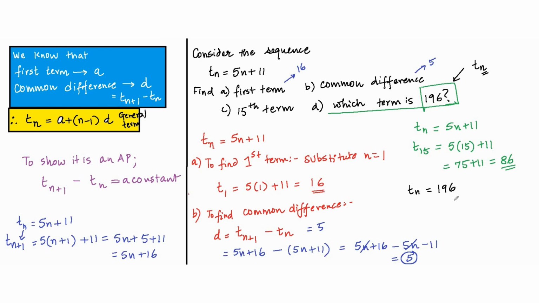And therefore, I have to find n. So Tn is 5n plus 11 is 196, which means 5n is equal to 185, and therefore n is equal to 37, which means that the 37th term of this particular arithmetic progression is going to be 196.